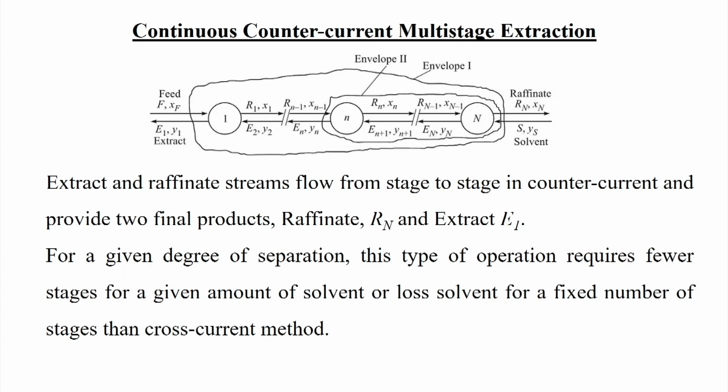In this case, the feed is entering from one side of the system, with feed flow rate F and solute concentration X F, and the raffinate is exiting from the other side of this extraction unit, with solute concentration X n and flow rate R n. On the side where the last raffinate is exiting, the solvent is added, with solvent flow rate S and solute concentration Y s. That Y s may be 0 in some cases.